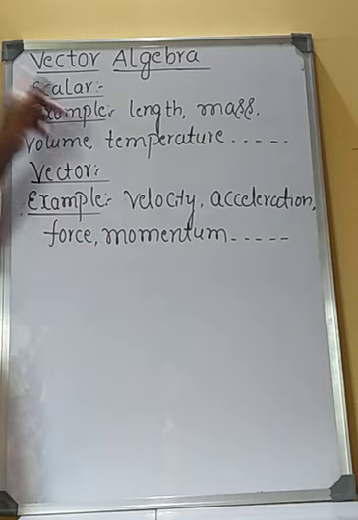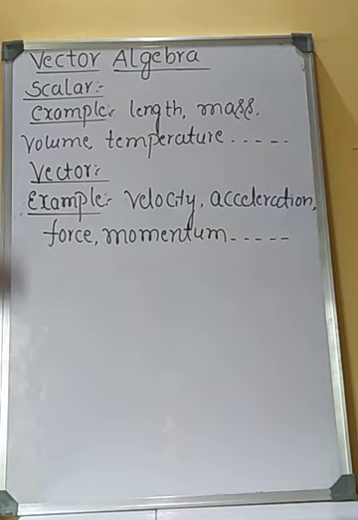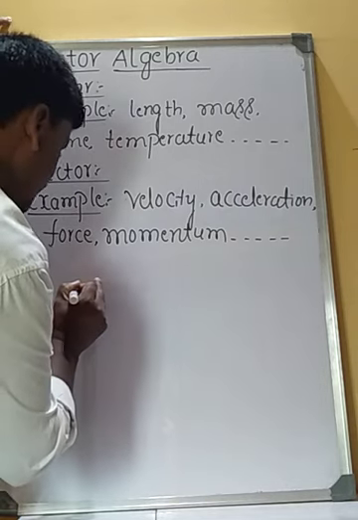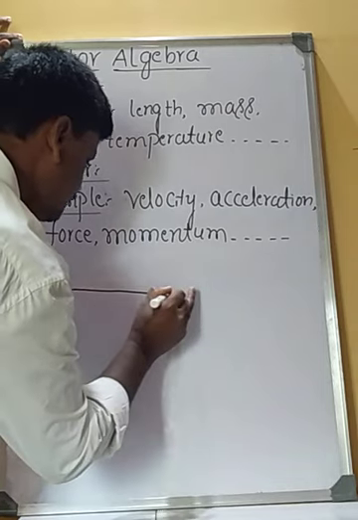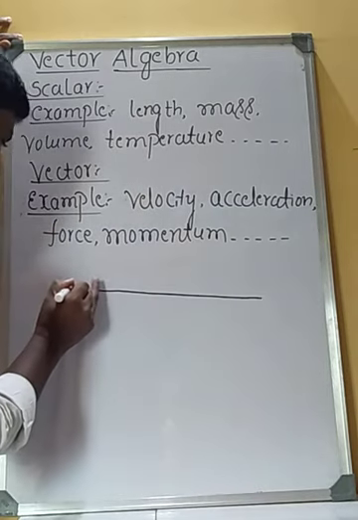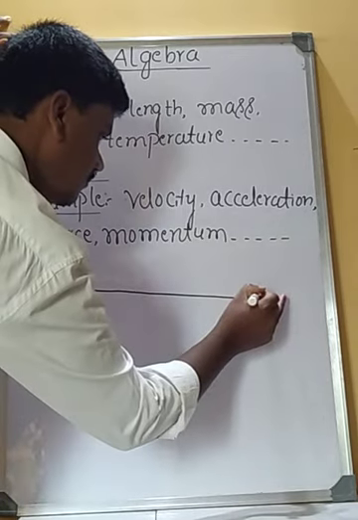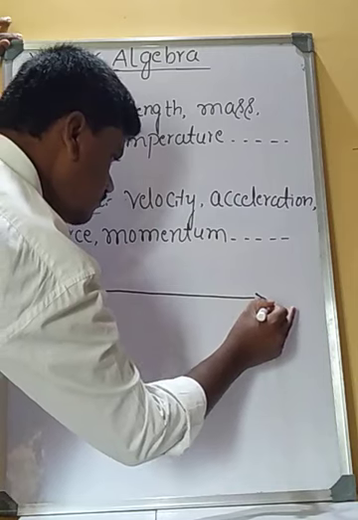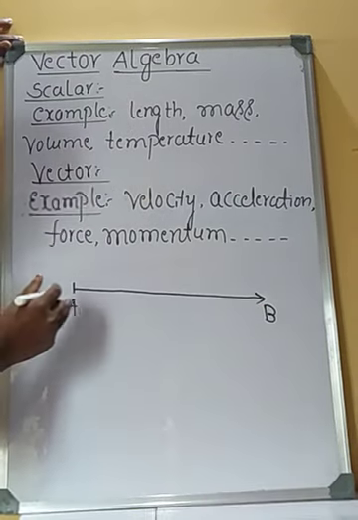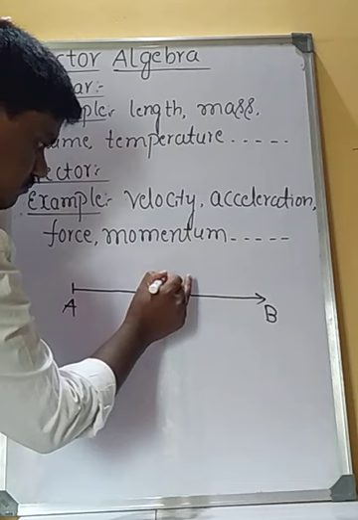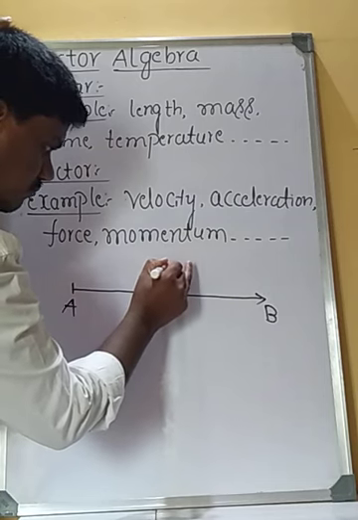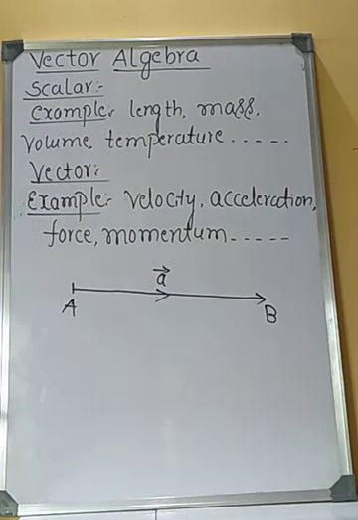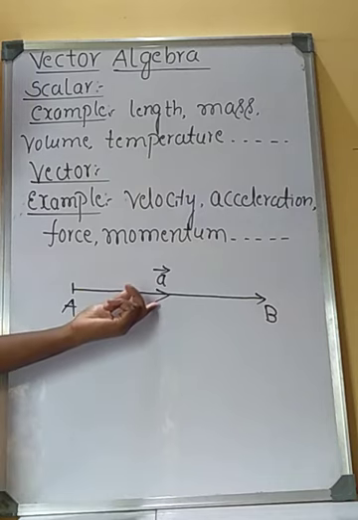These are examples of vector. A vector is represented by a directed line segment.